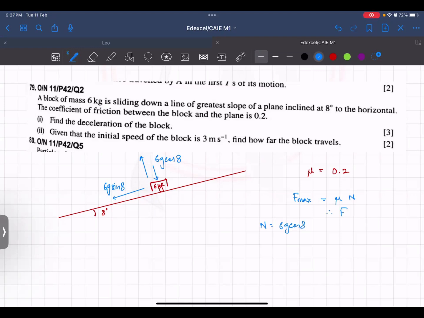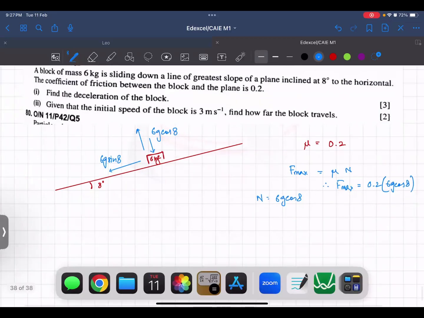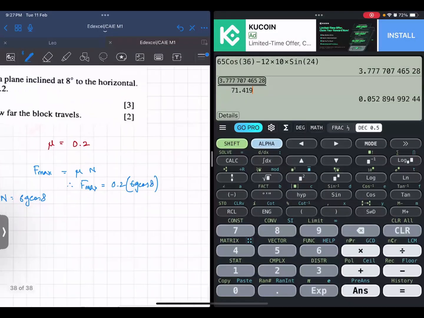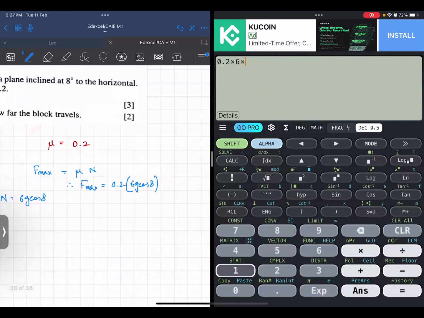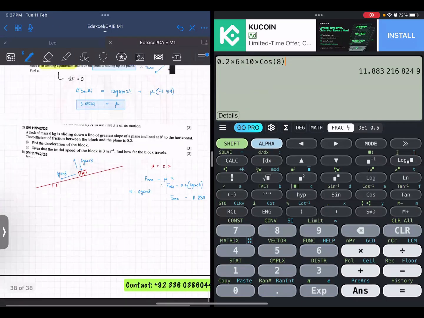Therefore, F max would be equal to 0.2 times 6g cos 8. Use the calculator: 0.2 times 6 times 10 times cos 8. So F max is 11.883.